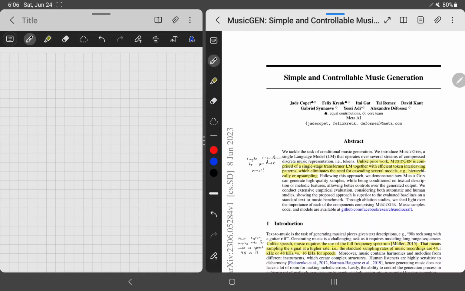But first, what are the difficulties with audio? Whenever you see audio, you usually see a waveform, something like this. And this is represented by a vector which represents the value in time.